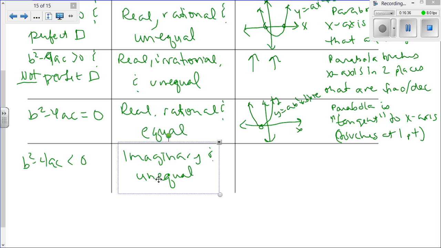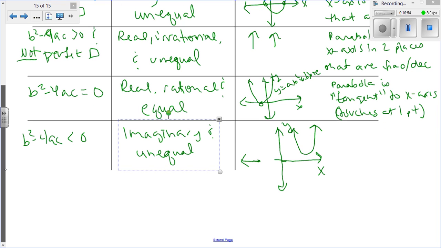So what that would look like on a graph would be looking something like this.